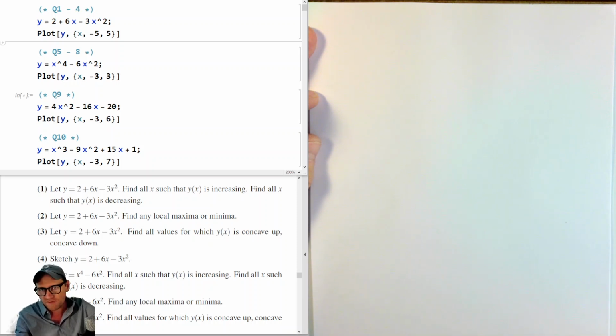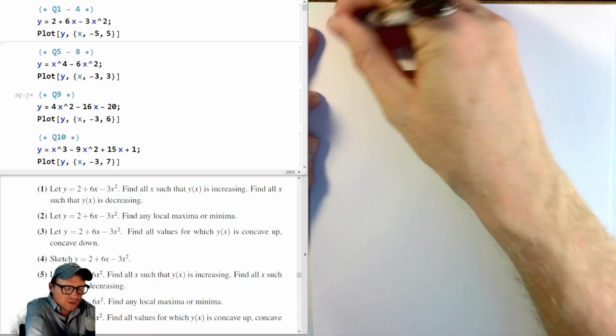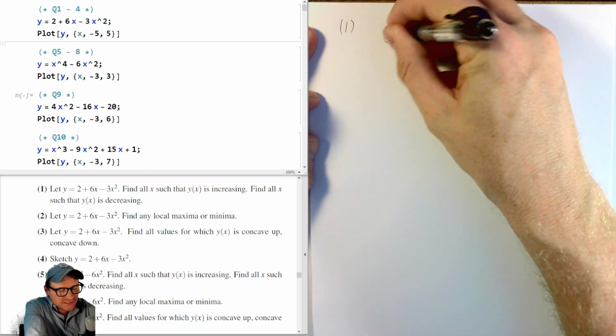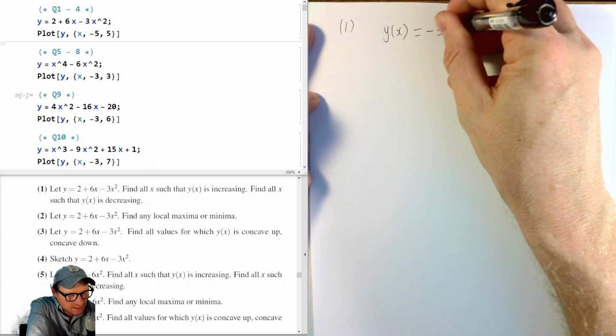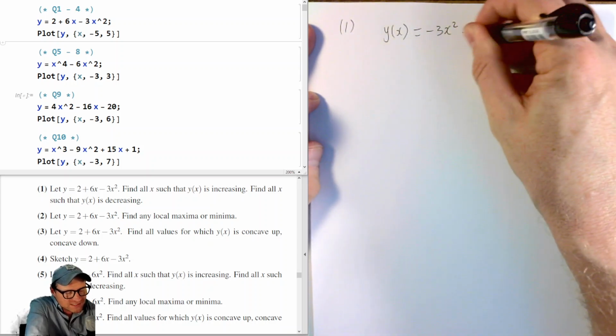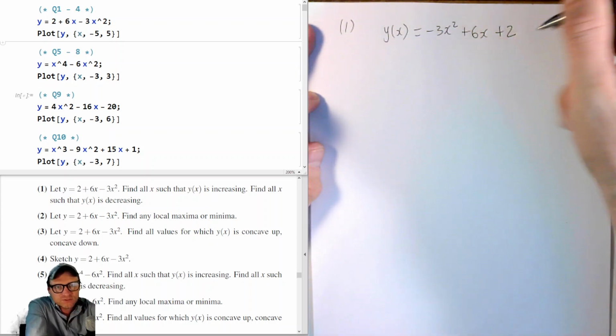So first we find where y is increasing and decreasing in question 1. Let's begin. We have y as a function of x equal to minus 3x squared plus 6x plus 2.